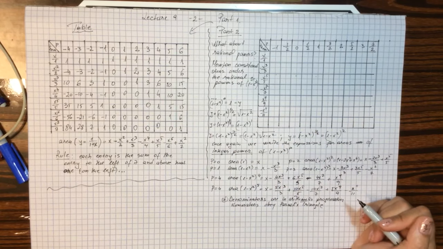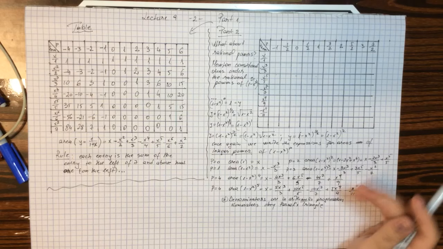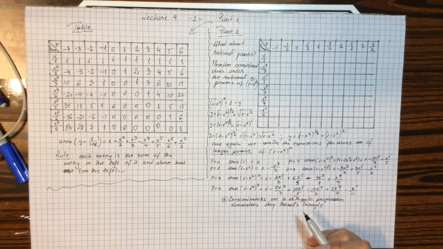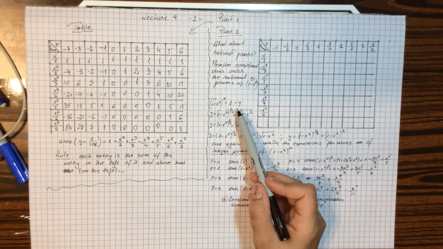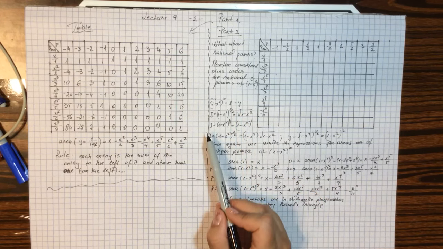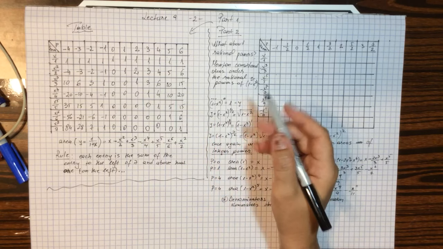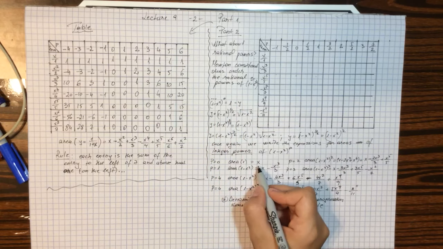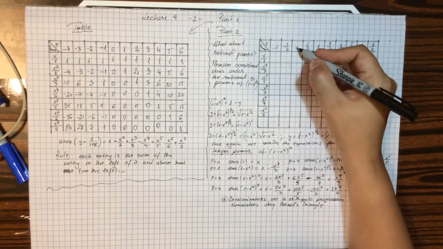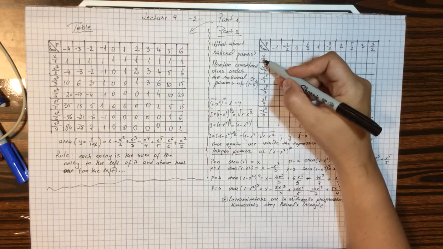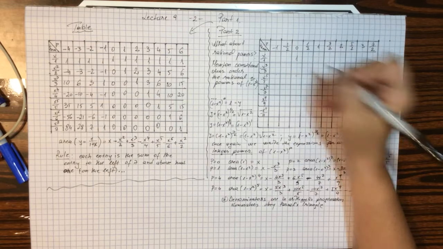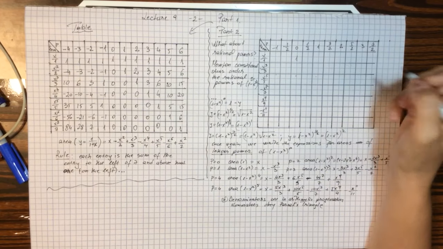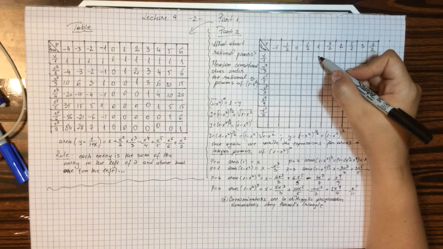But okay, so let me fill in what I know. For power 0, this is area. Area is x, and the coefficient in front of x is 1.